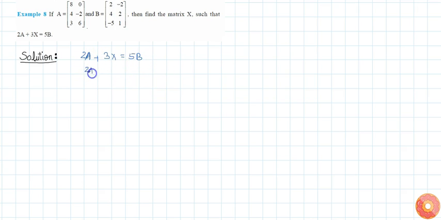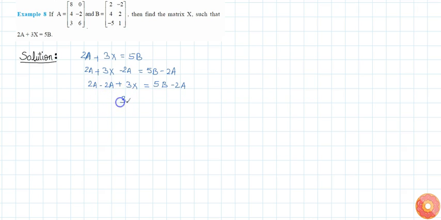So you get 2A plus 3X minus 2A is equal to 5B minus 2A. Rearranging, 2A minus 2A plus 3X is equal to 5B minus 2A. 2A and 2A get cancelled.